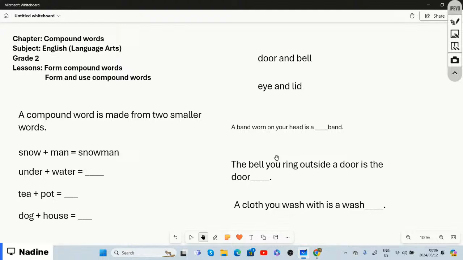For example, snow means one thing, man means another thing. But if we put them together, we join them to make one word: snowman.